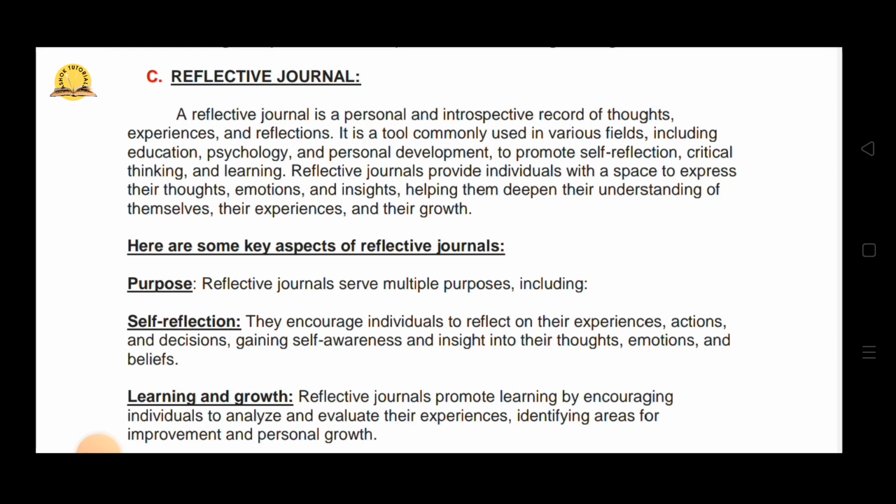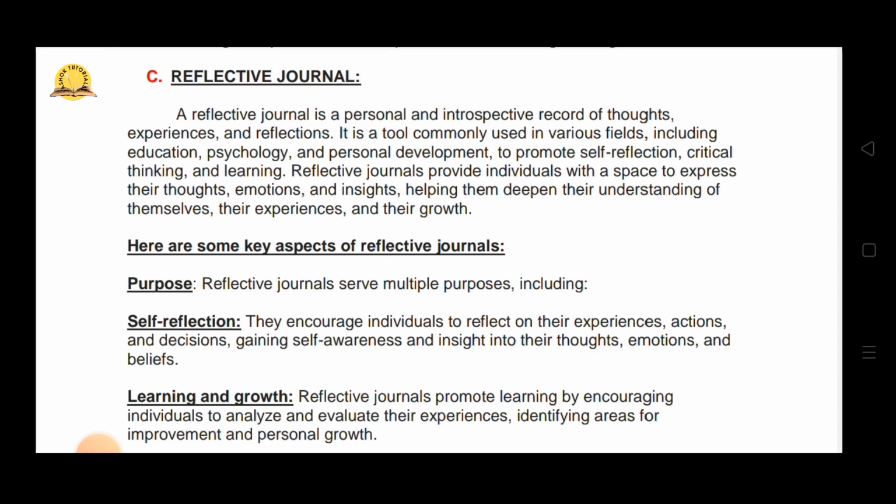Now, whenever you're writing your MTET examination, everything is MCQ, so there they give the type of study and they give a statement. For example, they will give something like: a blank journal is a personal introspective record of thoughts, experiences and reflections. So you have to choose from case study, reflective journals, or naturalistic observation.